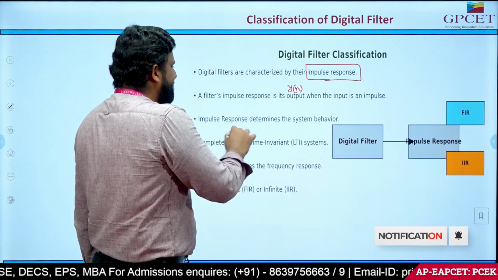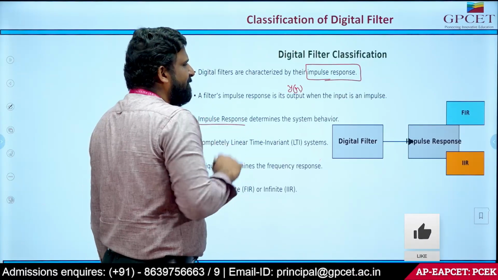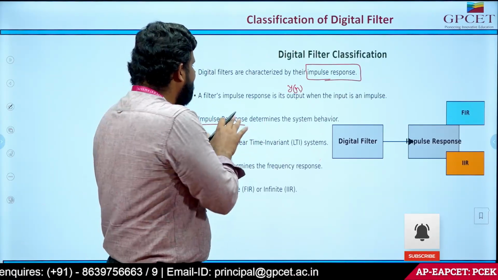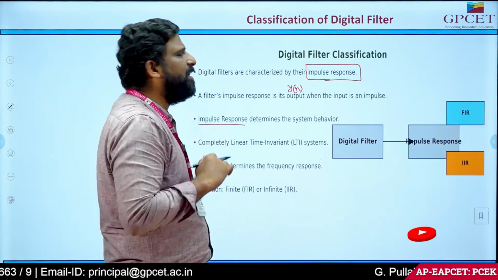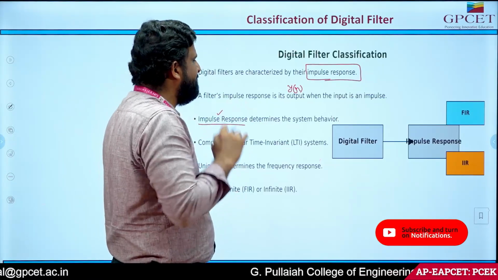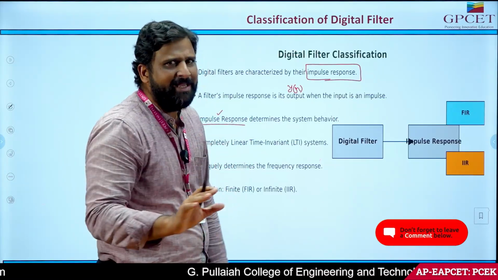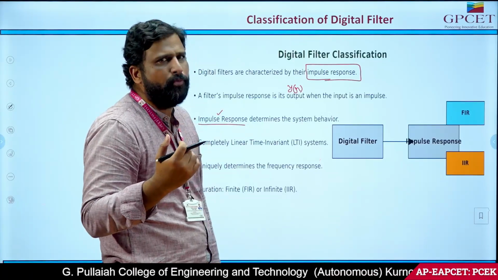Second, the impulse response determines the system behavior. This is the main thing, how the system is behaving. With the help of the impulse response, we can determine whether the system is behaving perfectly or not. The impulse response is the heart of the system behavior. It will tell whether the system is producing the correct output or not.